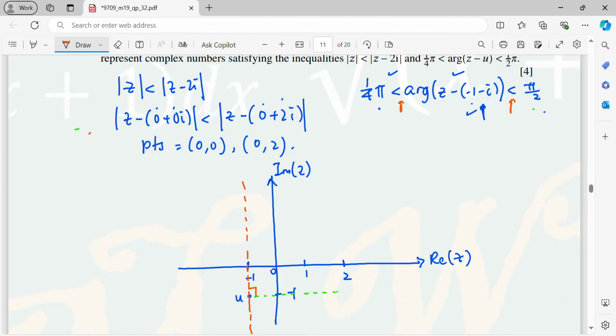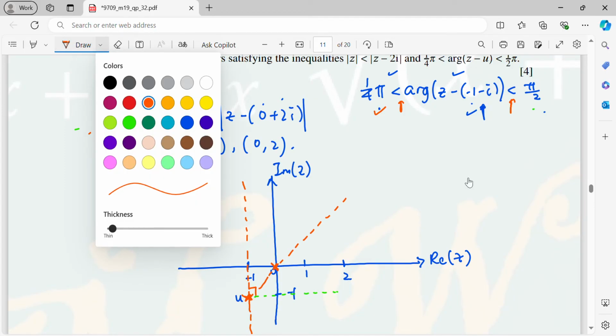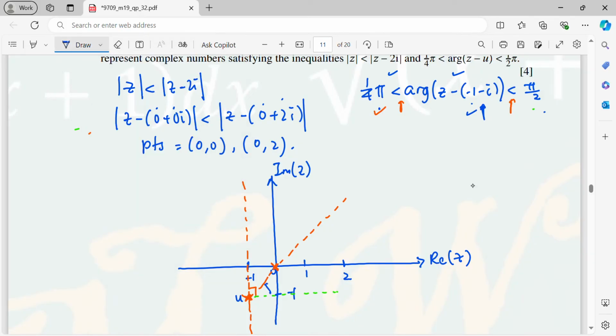Here is 90 degrees. And 45 degrees, means when x is minus 1, the y is minus 1. When x is 0, y is 0. So that means your angle here is going to be pi/4. Alright, so now my region will be bounded by these two dotted lines, means here.